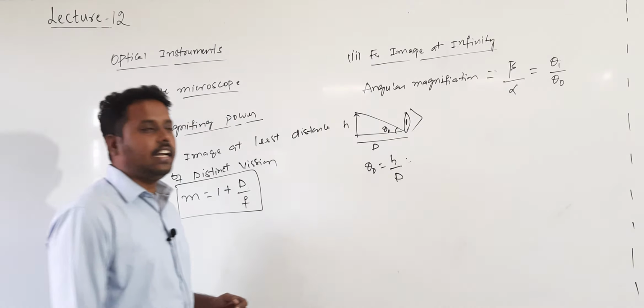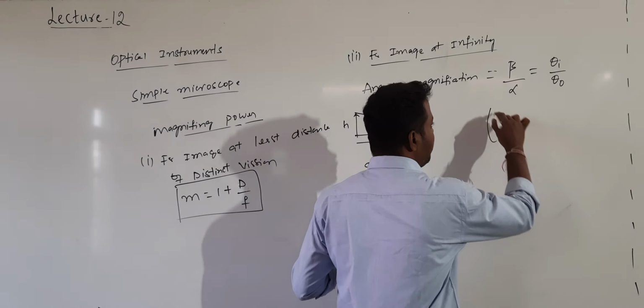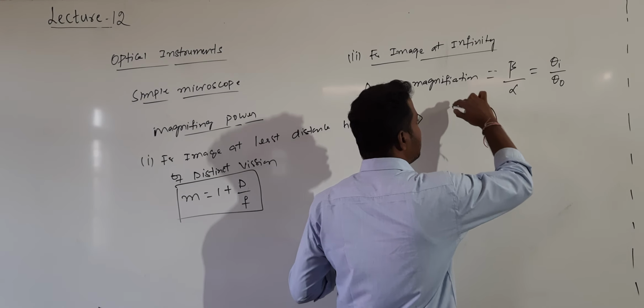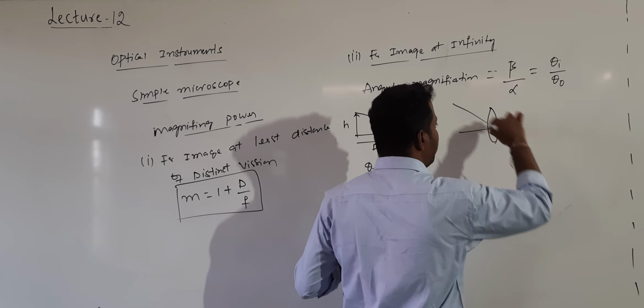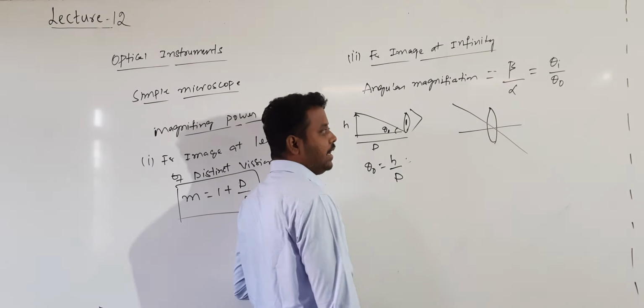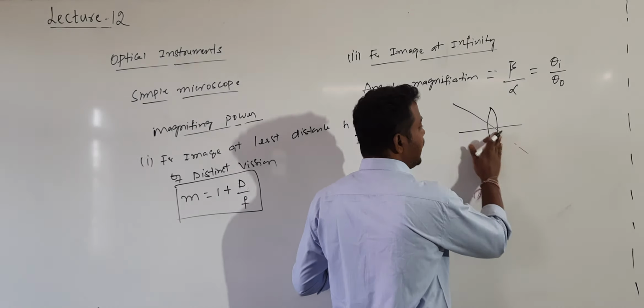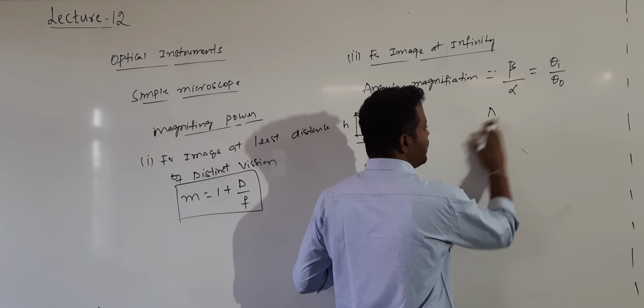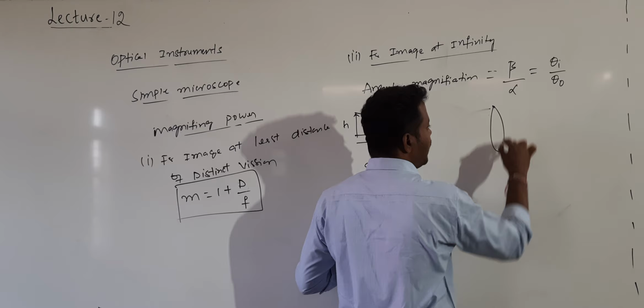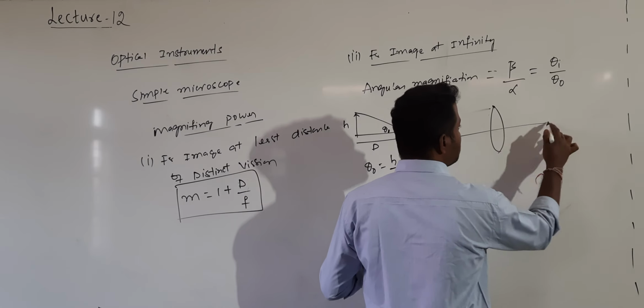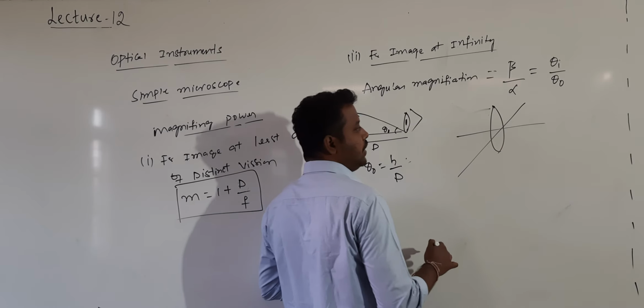Similarly, how can I calculate the angle subtended by the image at the eye? Now, the image is formed at infinity. In order to calculate the angle subtended by the image, once again I will draw. This is the lens, the eye placed very close to the lens, but the final image is formed at infinity.